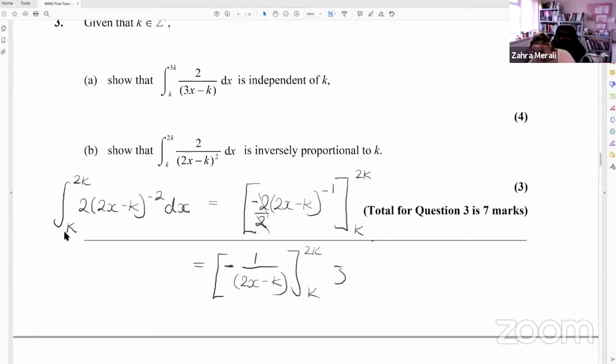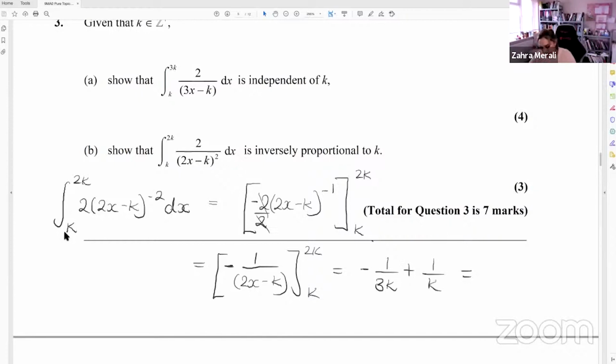When we sub in 2k, 2 times 2k is 4k, minus k is 3k, so we get minus 1/3k, minus, so that's going to make a plus 2k minus k, which is plus 1/k.